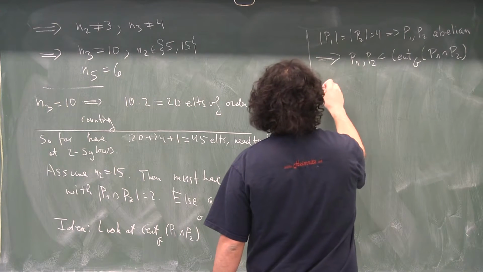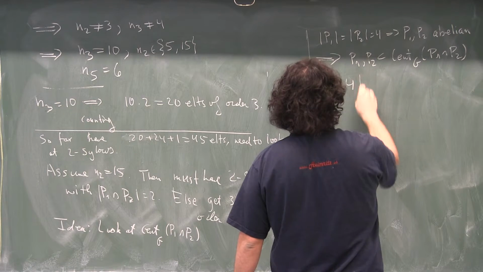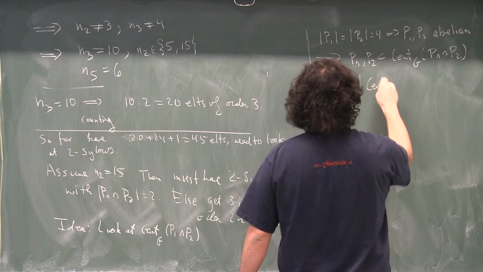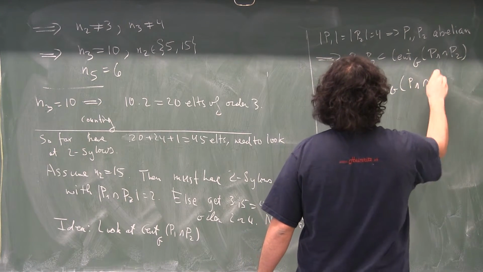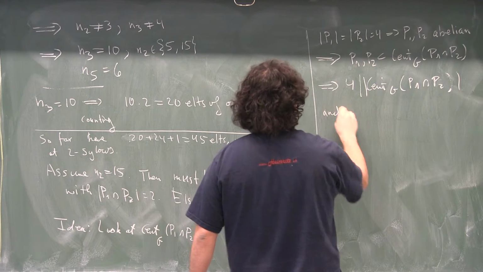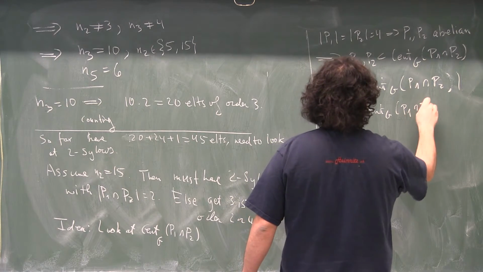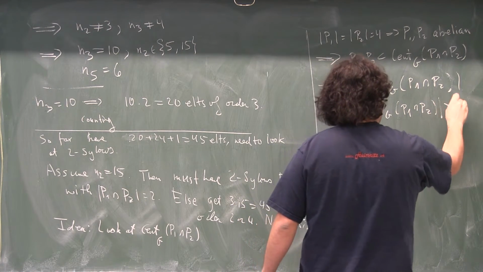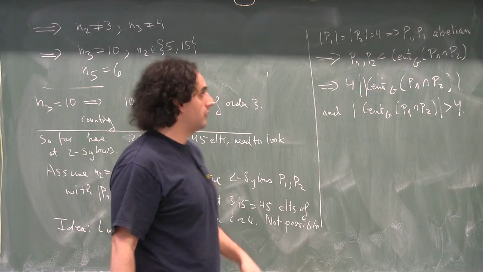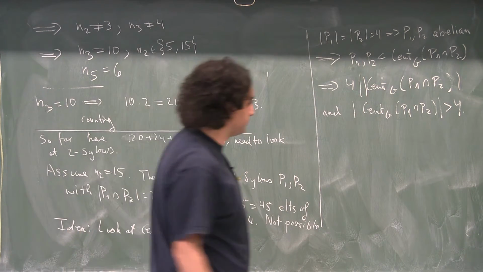Okay? This implies that P1 is a subgroup of this centralizer, and it has order 4. So 4 divides the order of this centralizer. And the order of this centralizer is strictly bigger than 4 because we have 2 distinct 2 Sylows contained in there. If it was equal to 4, it would have to just be equal to one of them.